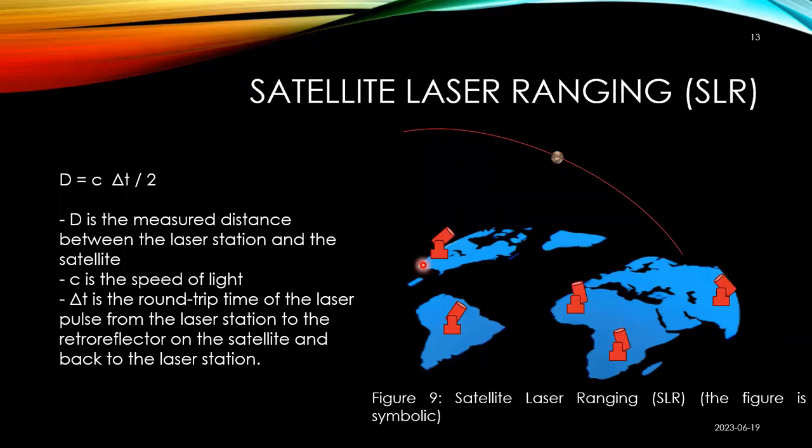Another technique is satellite laser ranging. With lasers from laser stations, the satellites are like a ball, and they have reflectors on them, some prisms, and they send back any laser beams that are shot from the ground to them.